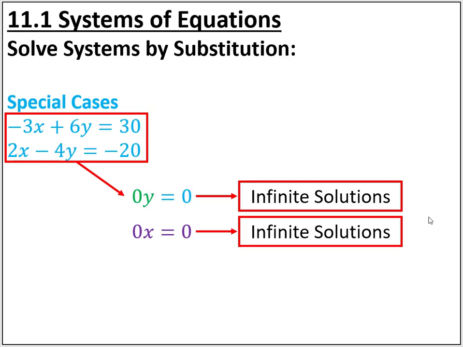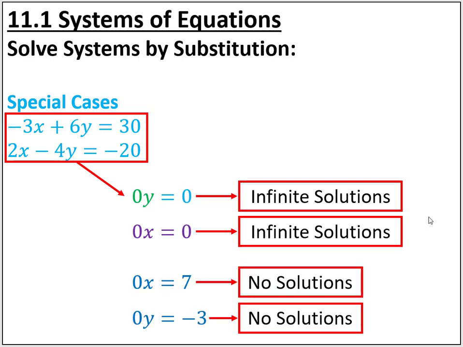If you were doing the substitution method and you end up with 0x equals a number, whether it's positive or negative, you would say no solution. If you end up with 0y equals a positive or negative number, it would be the same thing. You would just finalize with no solution.